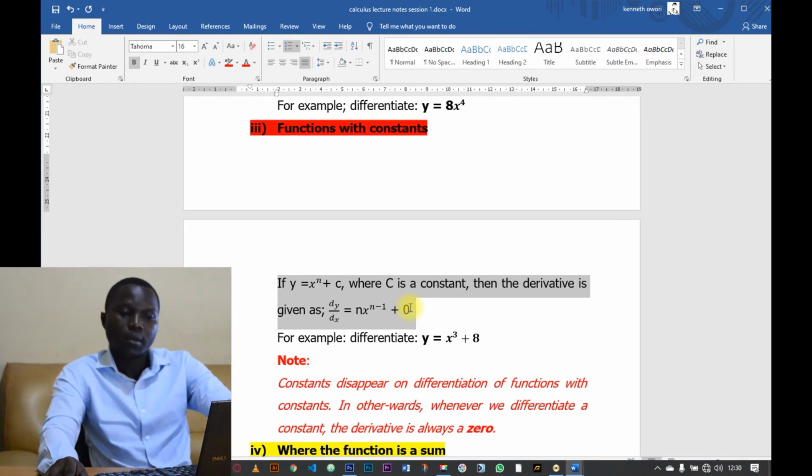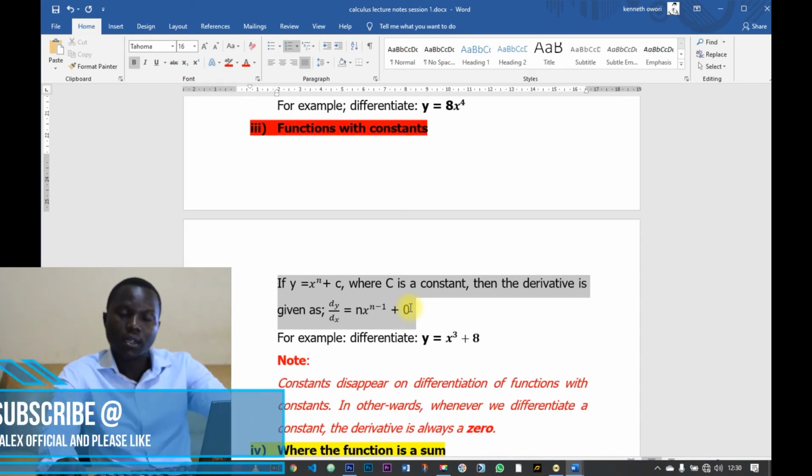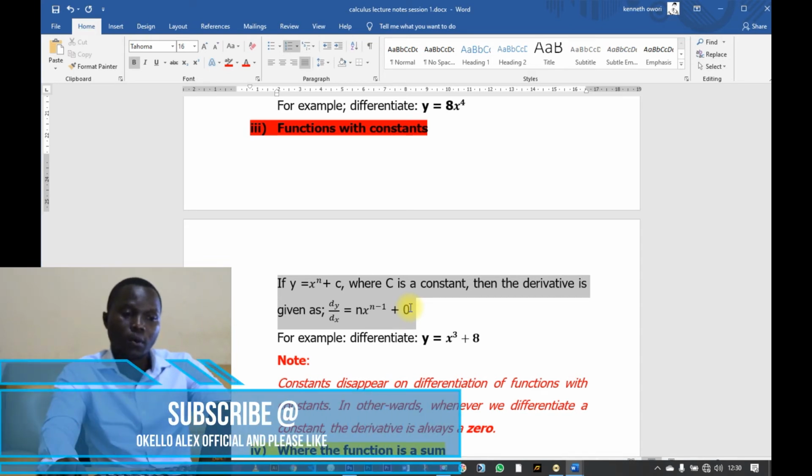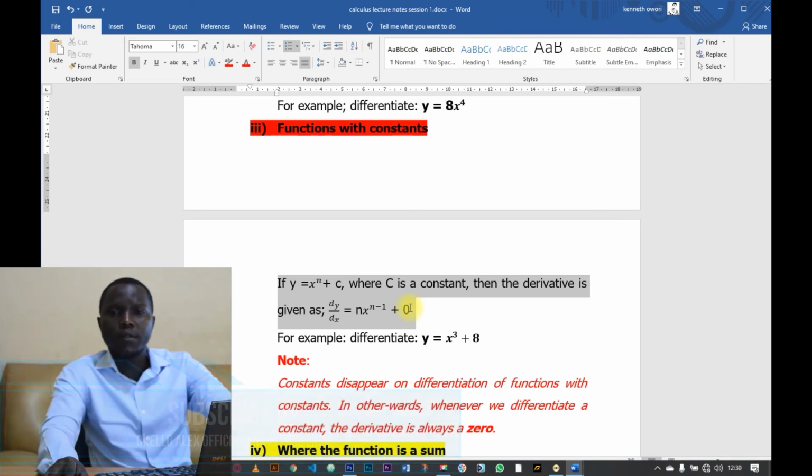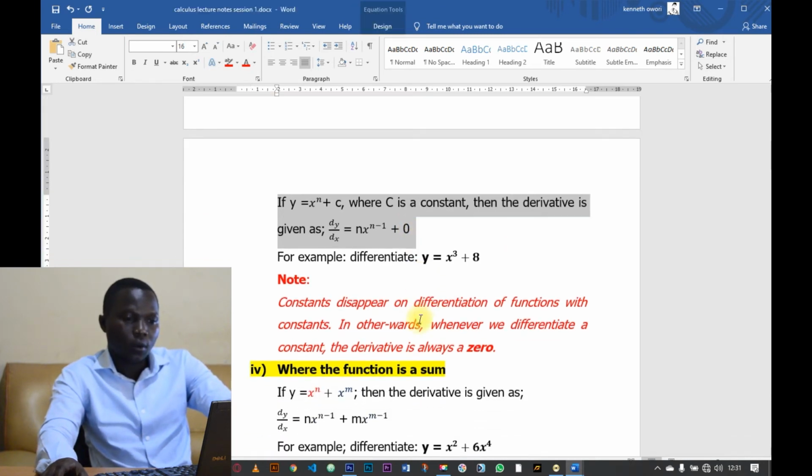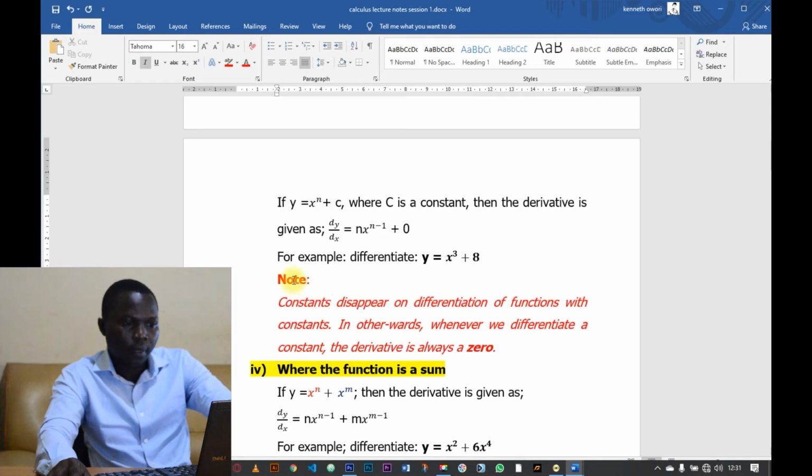A constant can be any value, 1000, 1, 1,000,000, 50, so long as it is not attached to any unknown like x. If it is a standalone figure, then we consider that to be a constant, and therefore whenever we differentiate a constant we get a 0. In other words, it disappears. As you can observe, we have a note here that says constants disappear on differentiation of functions with constants.